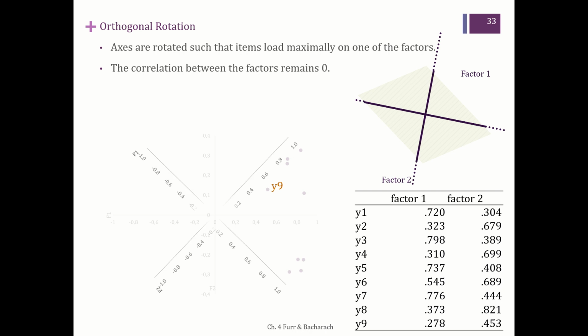So after rotation, seeing a clear pattern in which item belongs to which vector is way easier, which is important because as we saw earlier, we need those vector loadings and we need to have items that clearly belong to one vector or another to figure out what those vectors mean.